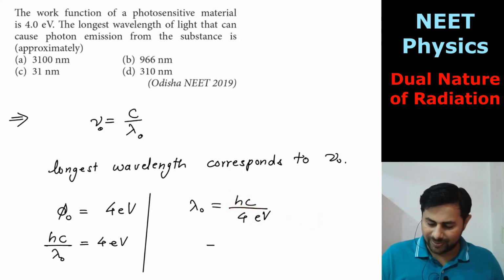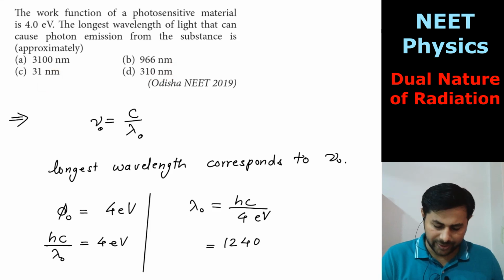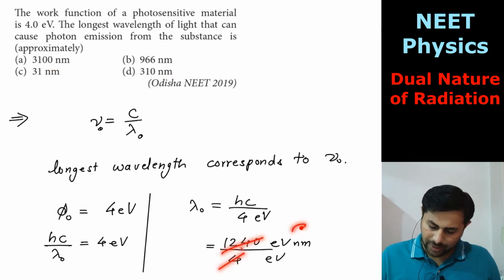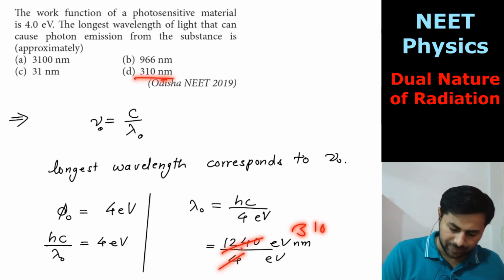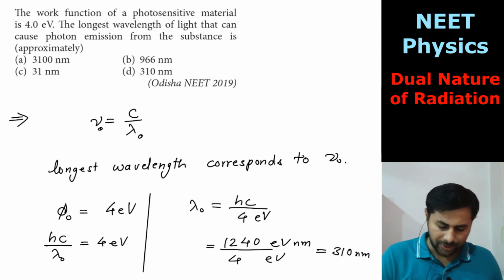It's 1240 eV nanometers if the answer is in nanometers, divided by 4 eV. So just divide: yeah, 310. 310 nanometers is the answer. It's option D, correct.